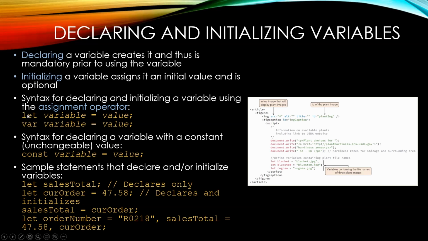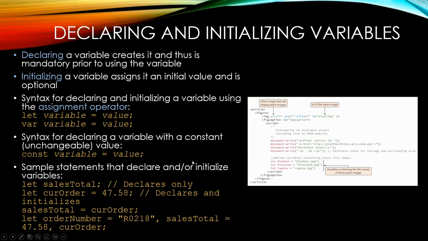And we can just say let variable equals value or var variable equals value. Syntax for declaring a variable with a constant unchangeable value is we say const variable equals value. Remember, we have that unchanging value where it will never ever change as long as you're using the code.